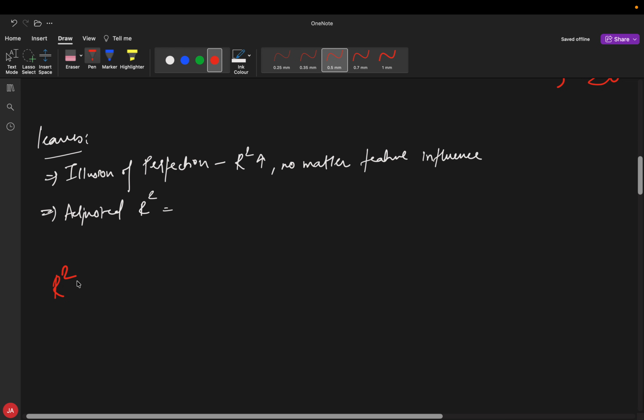So r square has a limitation. r square is just the ratio of RSS by TSS. Let's say I have built a model with 9 features.